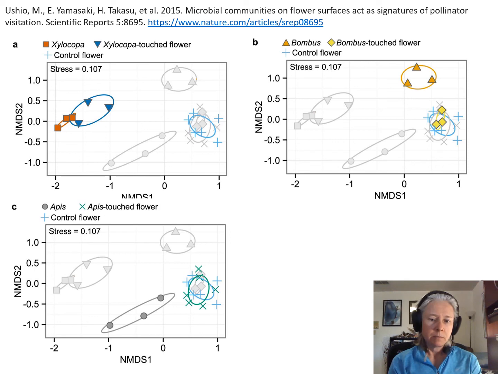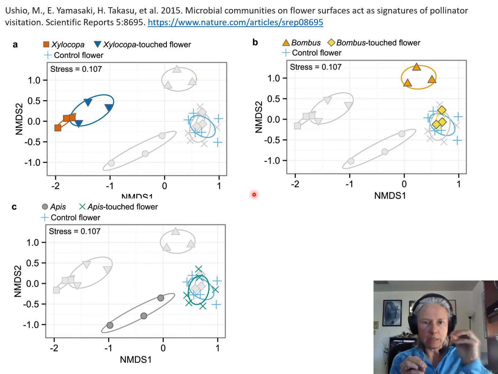In panel A, they have Xylocopa, which are carpenter bees. In B, there's Bombus or bumblebees, and panel C is Apis or the honeybees, and their associated laboratory control flowers. And each one of these panels is the same.